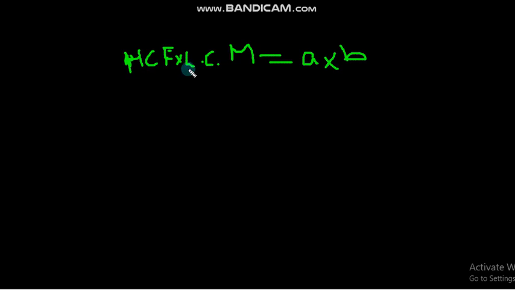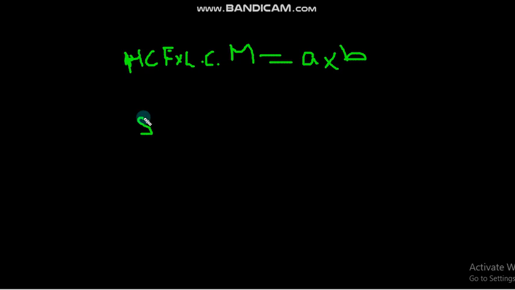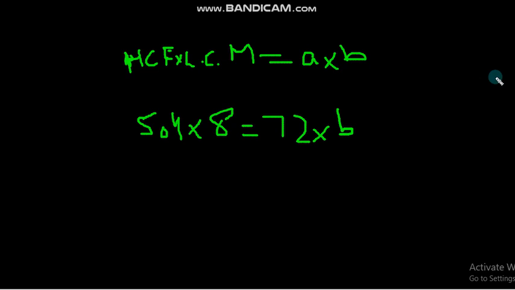They give us the HCF and LCM and one of the numbers. We have to find the other number. The HCF and LCM we have are 8 and 504. 504 multiply 8, and the one number is 72. The other number is unknown. We have to find the other number.